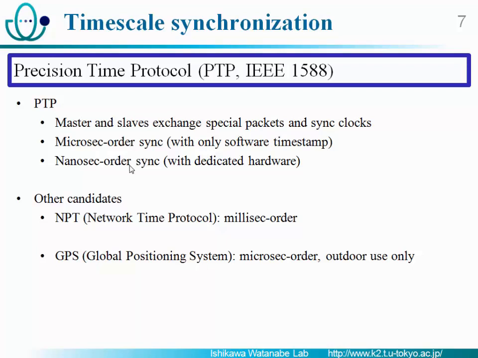Other candidates are NTP or GPS, but NTP accuracy is millisecond order, and it is not acceptable in our high-speed vision system. And using GPS is allowed only in outdoor environments. Therefore, we use PTP.